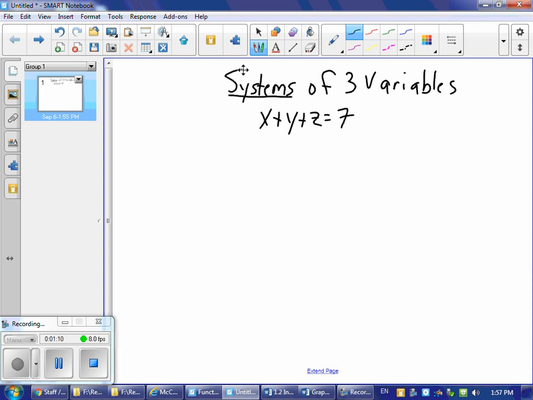First of all, a system of three variables can have no solution. And we're going to go over what that looks like in a problem as well as graphically in a little bit. But something that has no solution would be considered inconsistent. Okay?